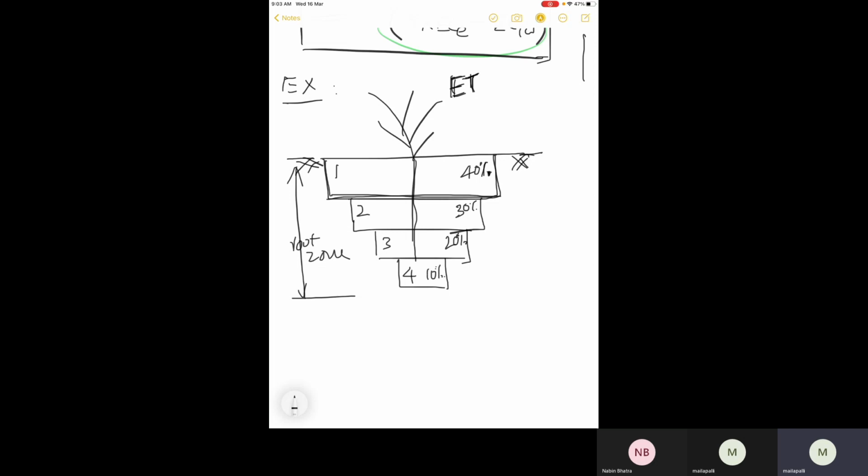Right? You can see, it's obvious, the layers which are close to the soil surface will result in a larger evapotranspiration compared to the layers which are situated below the first quarter.